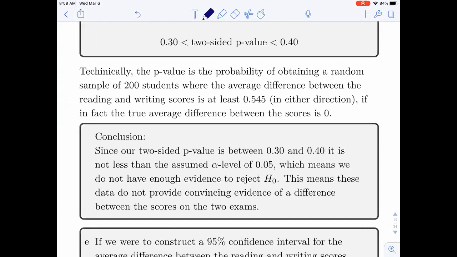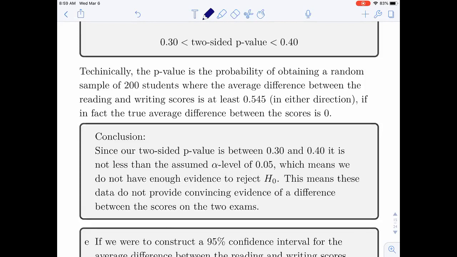And so technically, the p-value is the probability of obtaining a random sample of 200 students where the average difference between the two is at least 0.545, which was the sample mean, if in fact the true average difference between the scores is 0, right? So if the null hypothesis is true where the difference is 0, what's the probability of seeing a difference of 0.545? Well, that's the p-value.